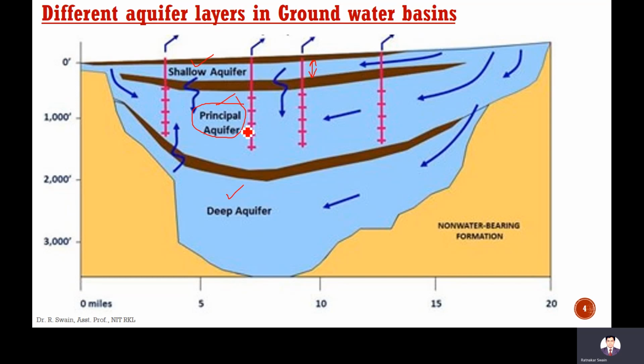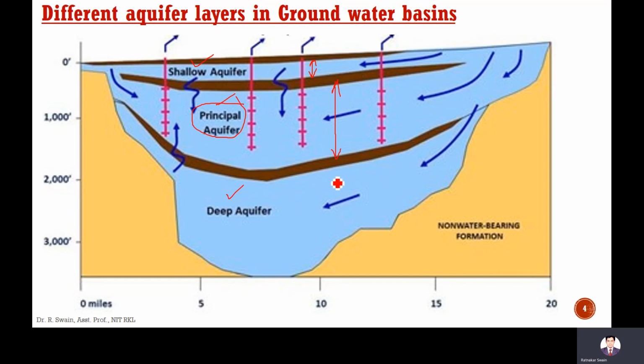In the principal aquifer, the storage is more. The depth or the thickness of the aquifer is more. So this is usually considered as the groundwater storage, and it can be extracted easily. However, a deep aquifer cannot be extracted easily because the depth is very high.